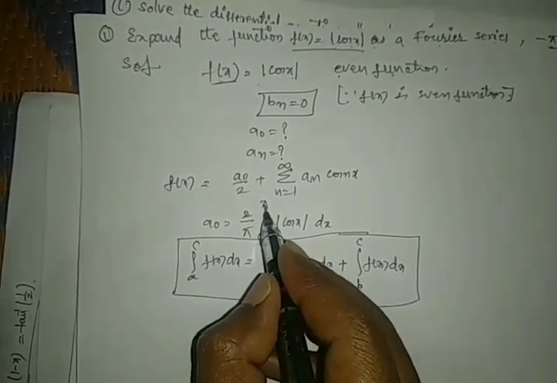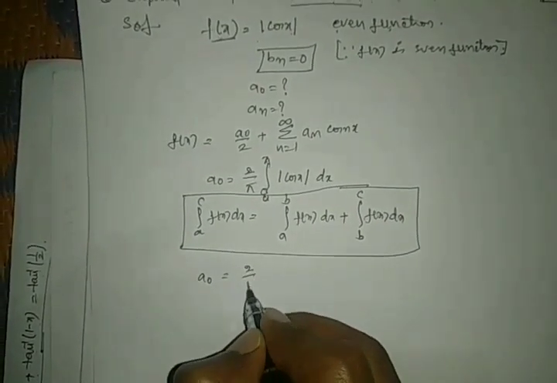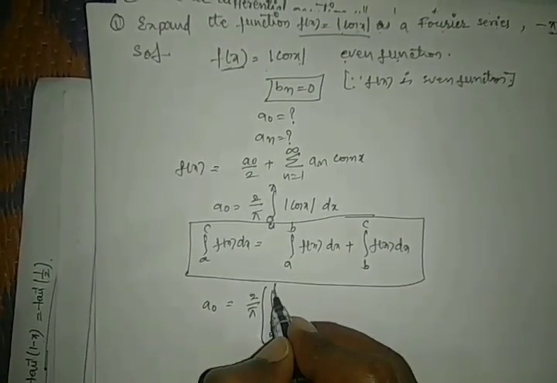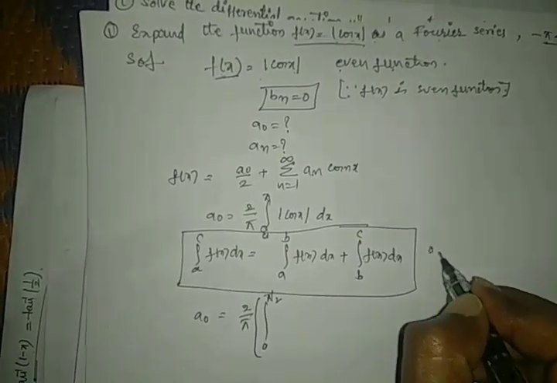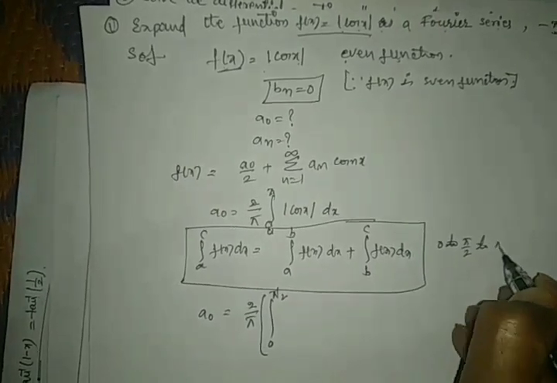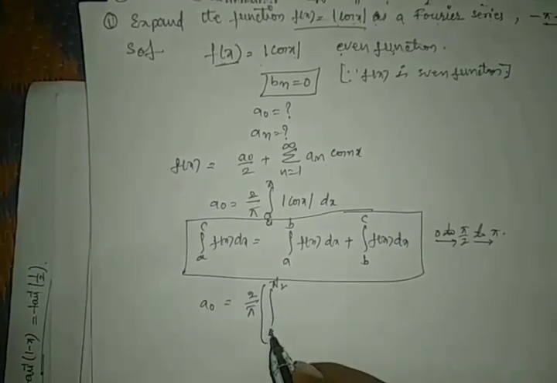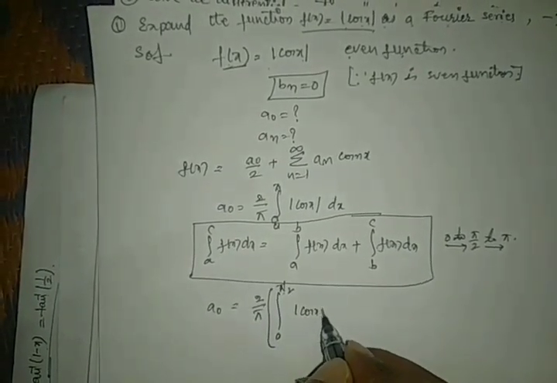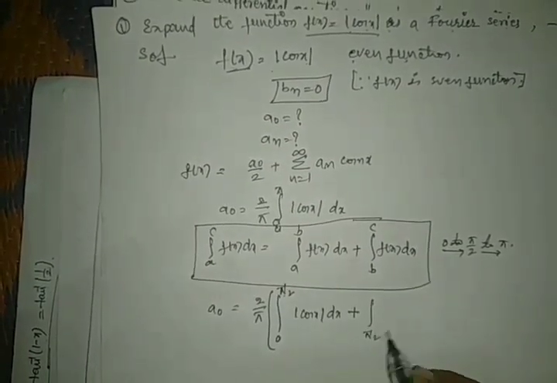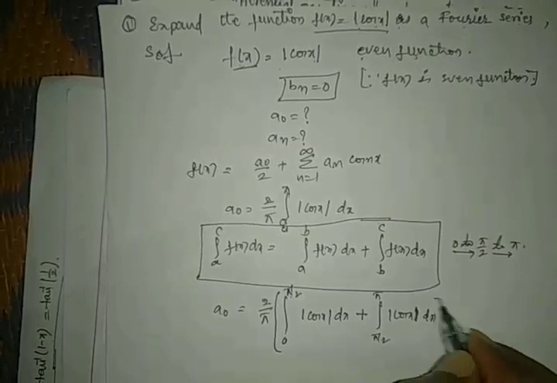So we have to split 0 to pi as 0 to pi by 2 and pi by 2 to pi. a0 is equal to 2 by pi into integral 0 to pi by 2 mod cos x dx plus integral pi by 2 to pi mod cos x dx.